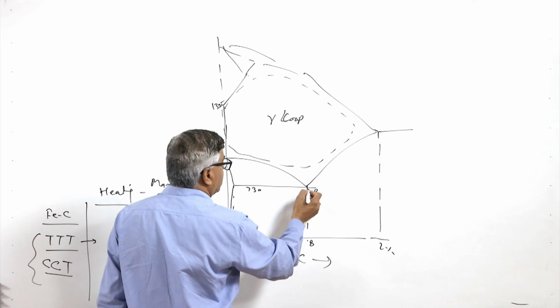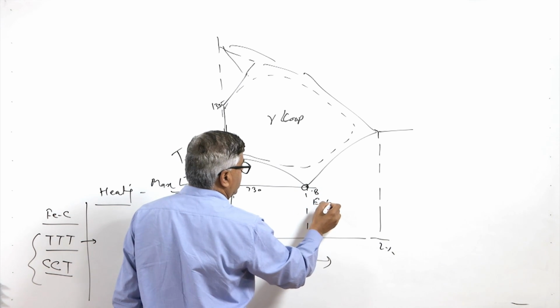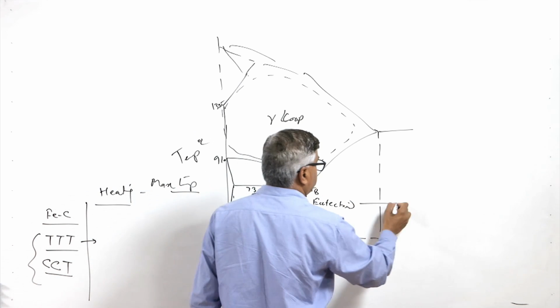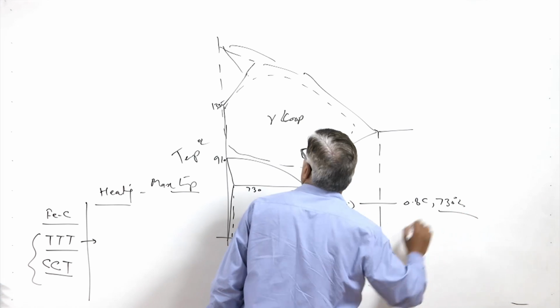This point is called the eutectoid point, which occurs for the combination of 0.8% carbon and 730 degree centigrade.